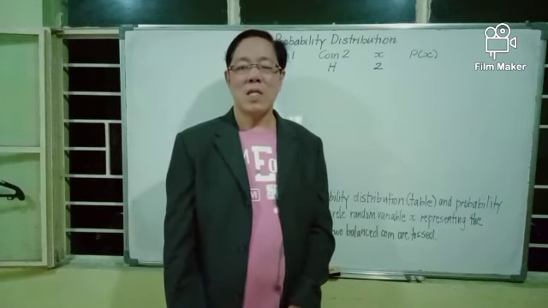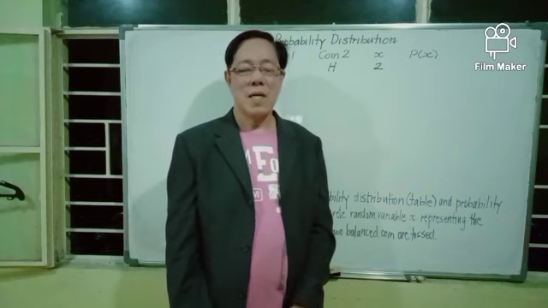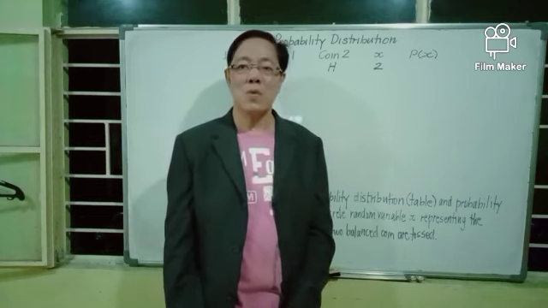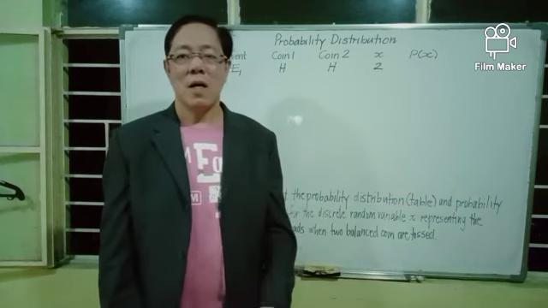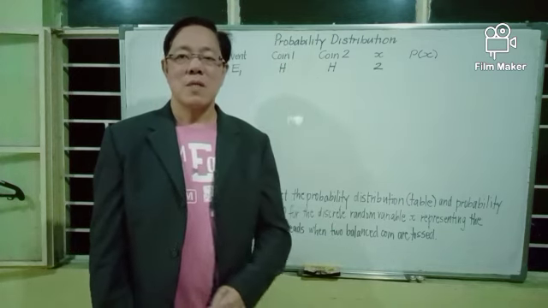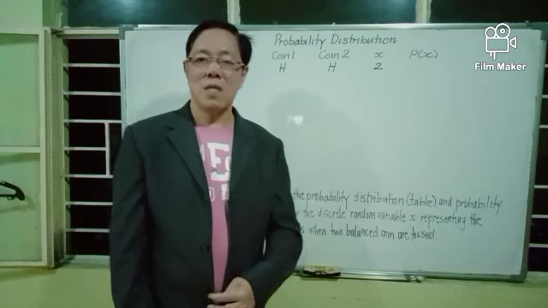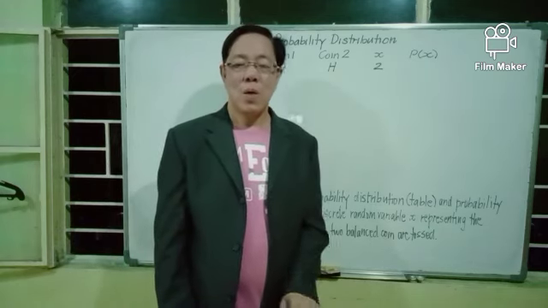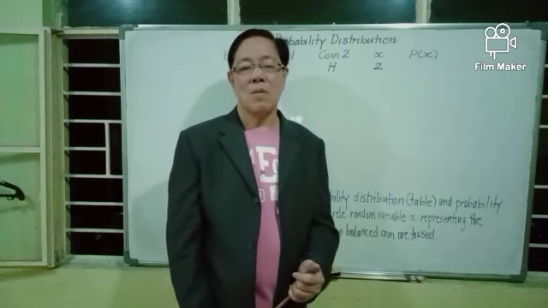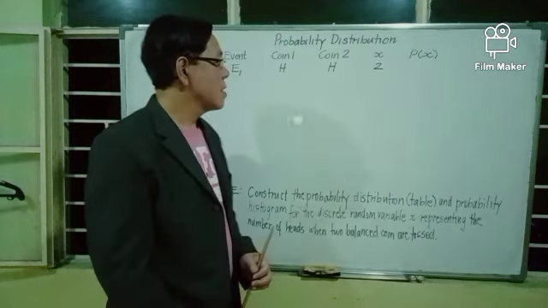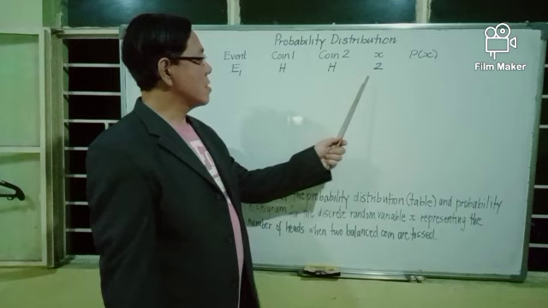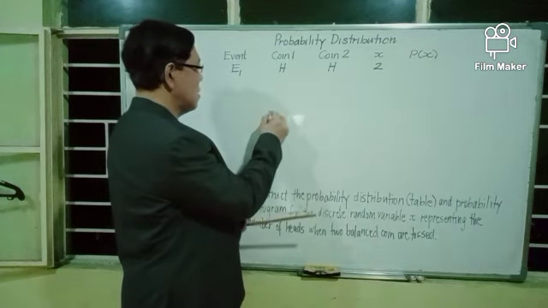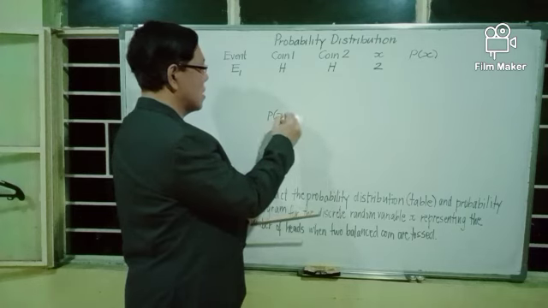The probability of getting heads is 1 over 2, 1 out of 2 possible outcomes. Similarly, the probability of getting a tail is 1 over 2. And we want the probability of getting 2 heads.